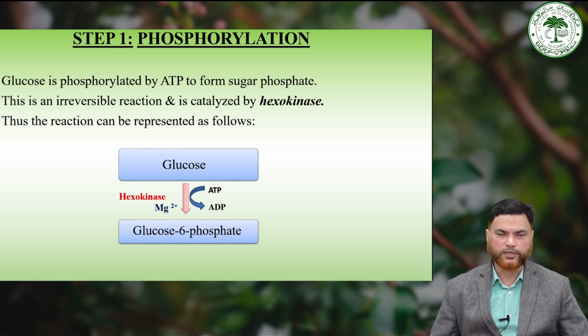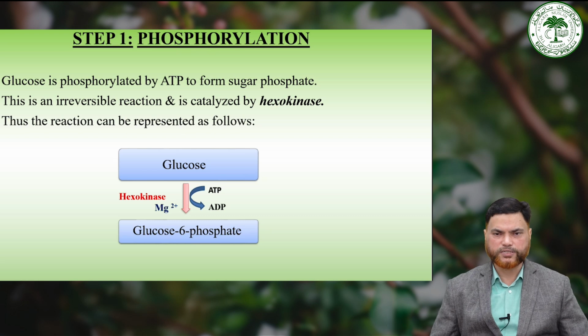Since phosphorylating glucose is energetically unfavorable, it requires coupling with an exergonic reaction involving hydrolysis of ATP. In the majority of animals, plants and microbial cells, hexokinase is responsible for phosphorylating the glucose molecule.